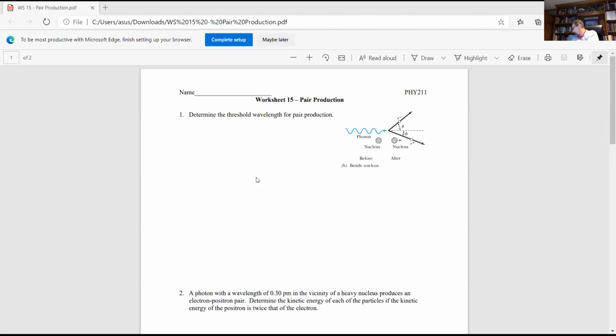Isn't it just going to be h over 2m e c? I think that works, right? I don't start that way, so go ahead, show me the first equation.